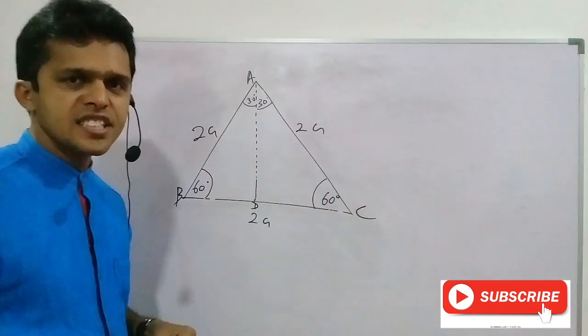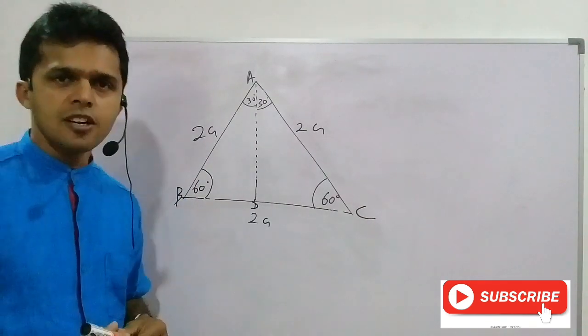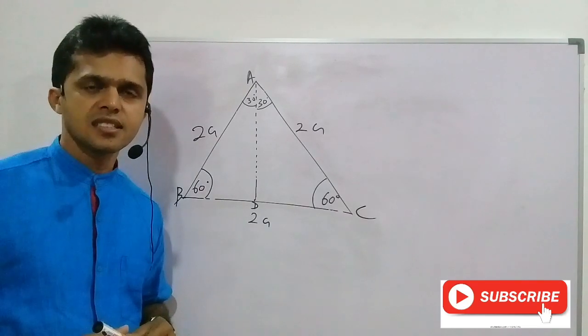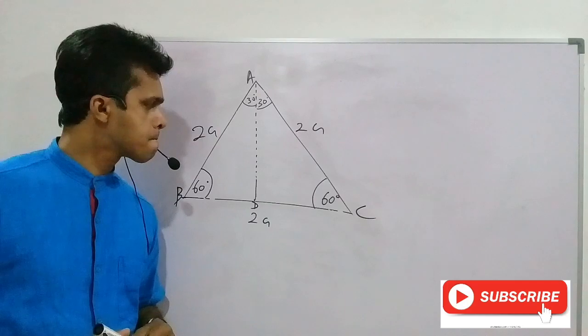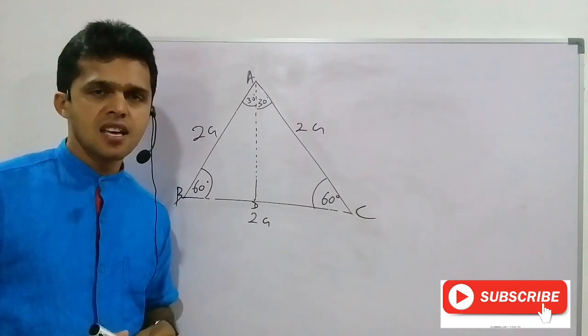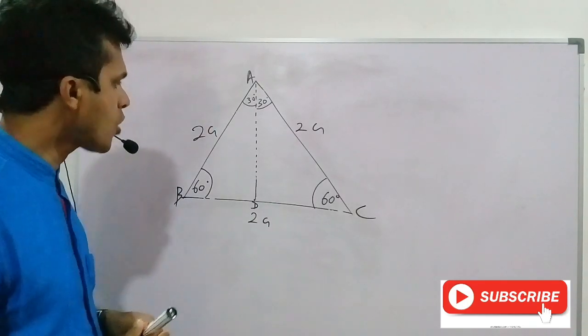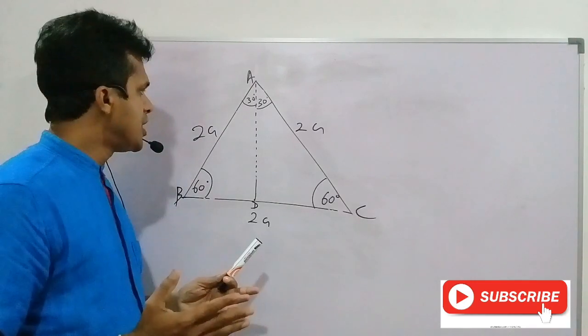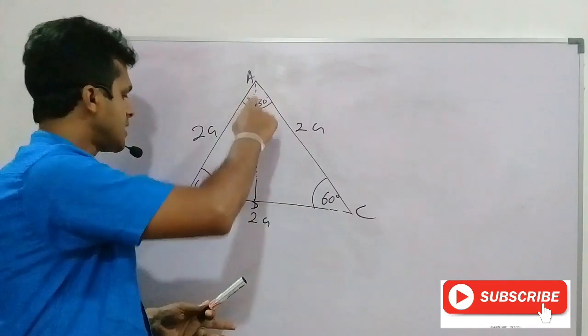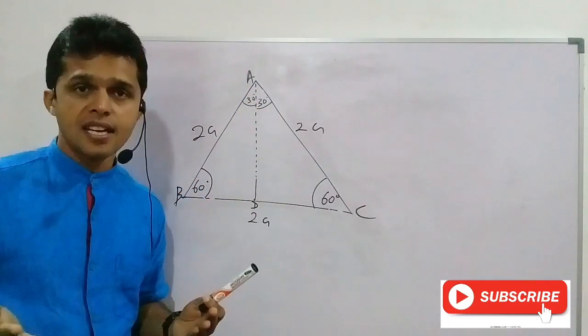Now let's find the values of sine 30, cos 30, tan 30 and tan 60. Can you imagine the value of the angle ADB? What is that?